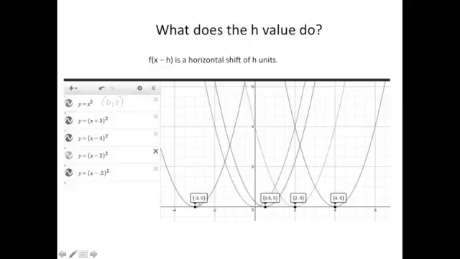And the blue graph over here has a vertex of -3, 0. And the green graph way over here has a vertex of +4, 0. Notice x minus 4, because the h value is actually 4. And then the orange graph has a vertex of 2, 0.